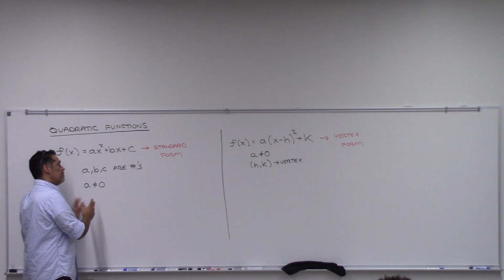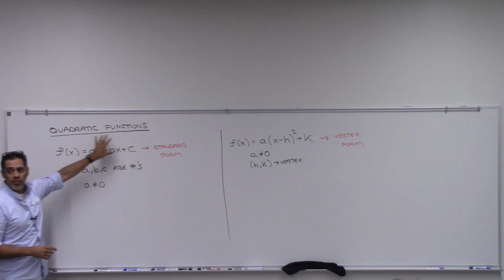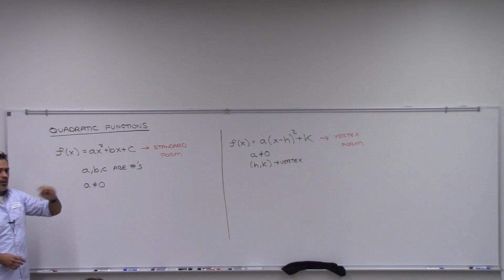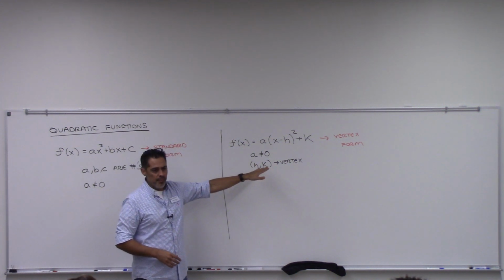Now, there is another form. I didn't tell you this last time, but this is called the standard form of a quadratic function. We have a second form for quadratic functions that looks like this, and it's called the vertex form.